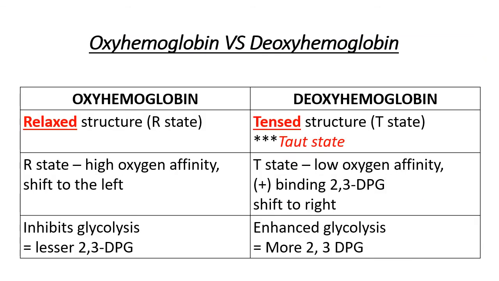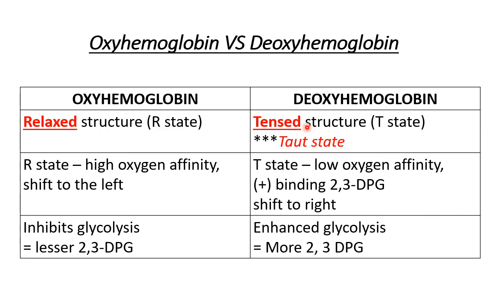Balikan natin yung differences between oxyhemoglobin and deoxyhemoglobin. Aside from the presence of oxygen binding with the hemoglobin, ito pa yung mga differences nila. Okay? Biochemical structure, ang oxyhemoglobin daw ay in relaxed state or R state.